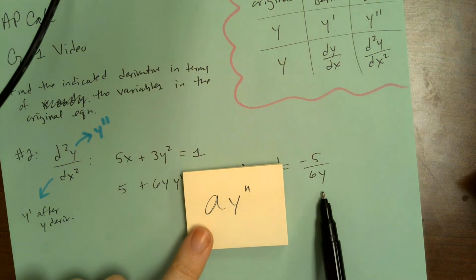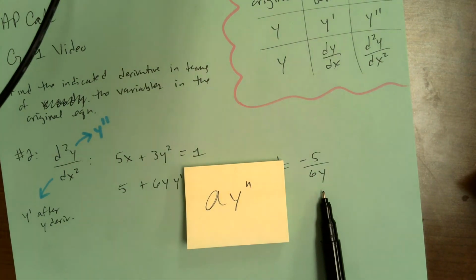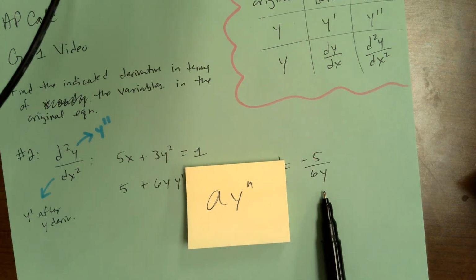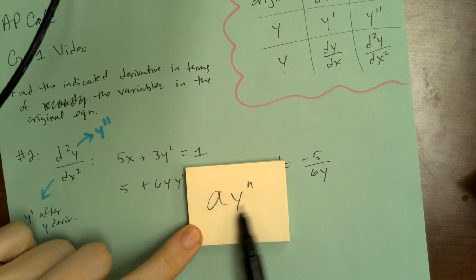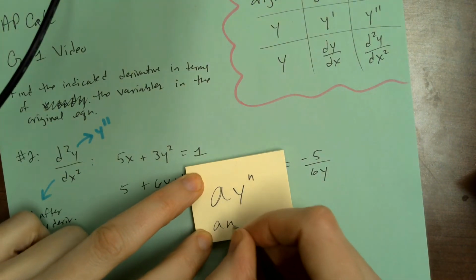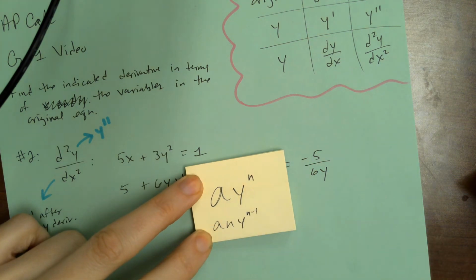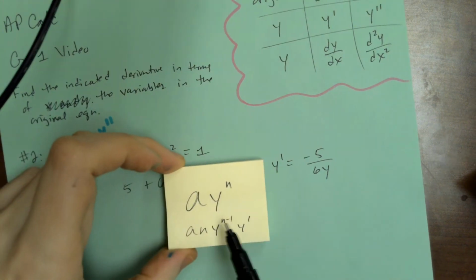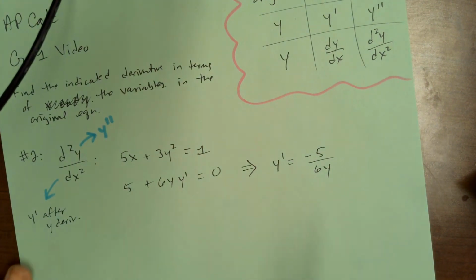You might see a fraction and say, oh, I'm going to use quotient rule, but it's good to avoid quotient rule when you can, because it's a pretty lengthy process. If you can get it to look like this, then the derivative is just a(ny) to the n minus 1. In this case, we would need a y prime at the end. So actually, we can write it like that.